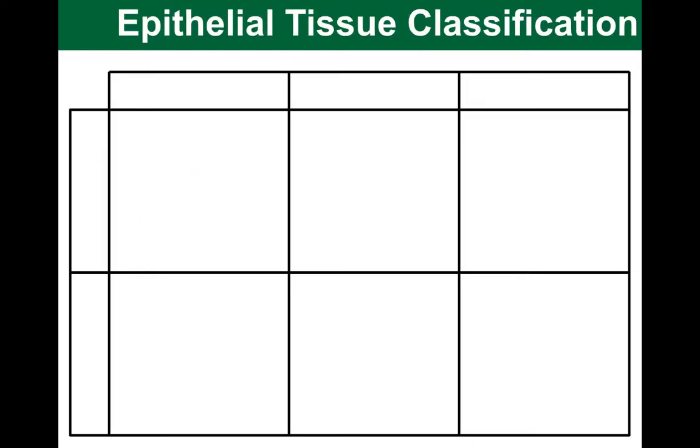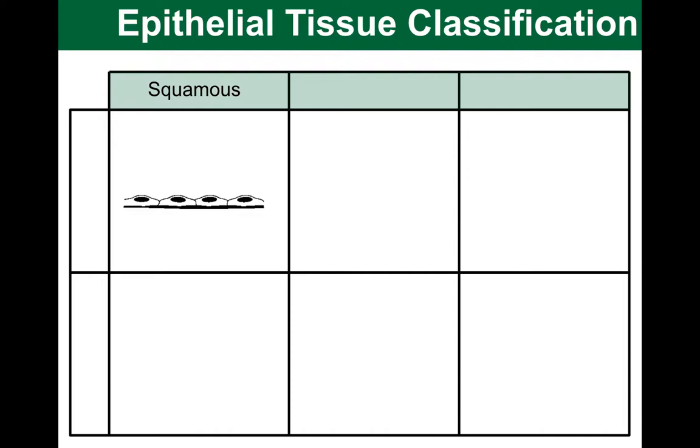Let's classify epithelial tissues next. Epithelial tissues can be classified in two main ways. First, based on the shape of the cells. And this is especially for the outermost layers' cell shape. So we can have cells that are squamous. These are spindle-shaped in a cross-section or look like little flattened discs, if you wish.